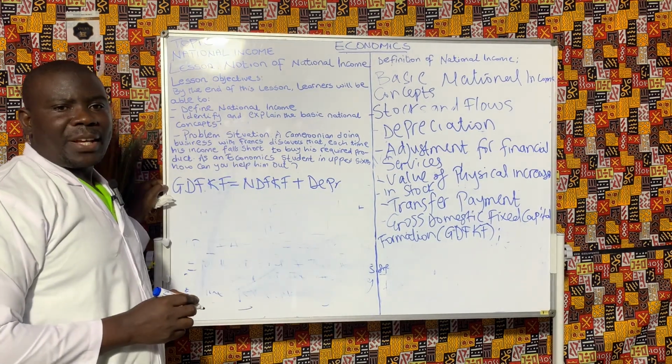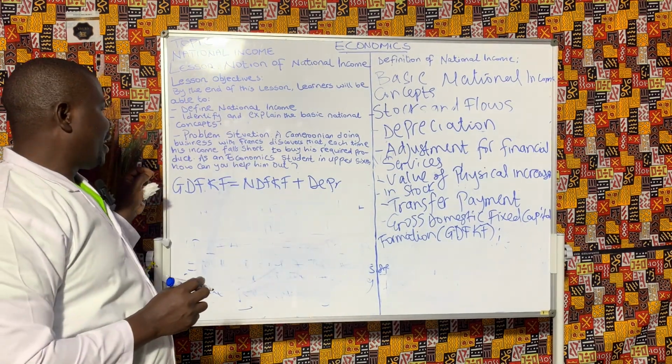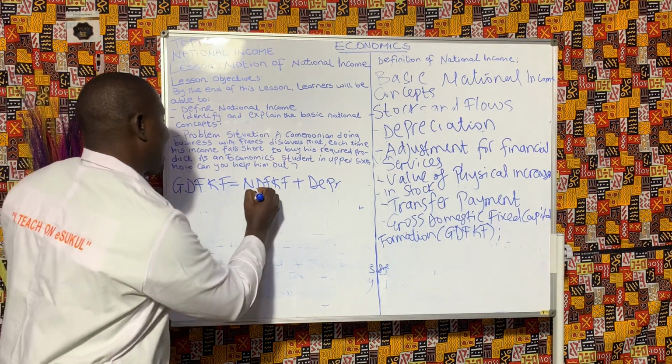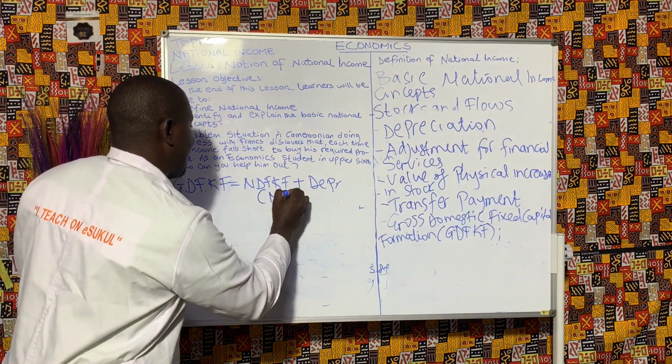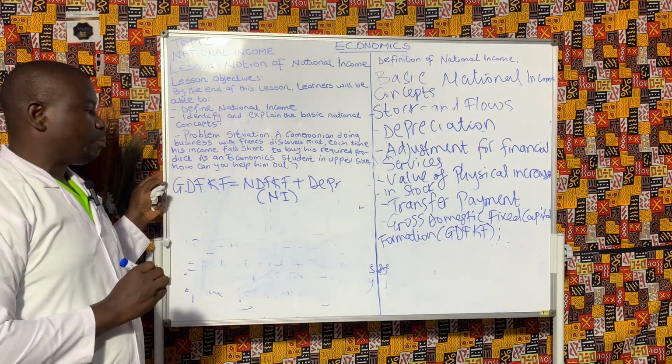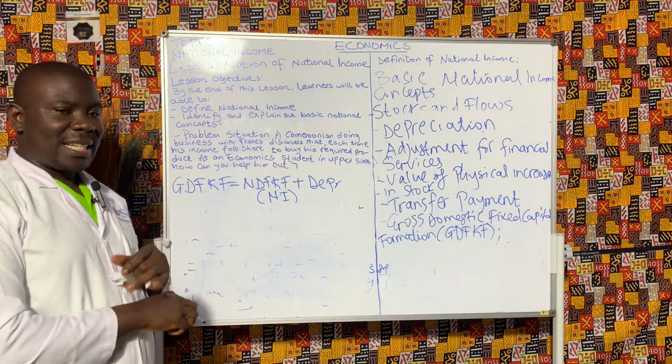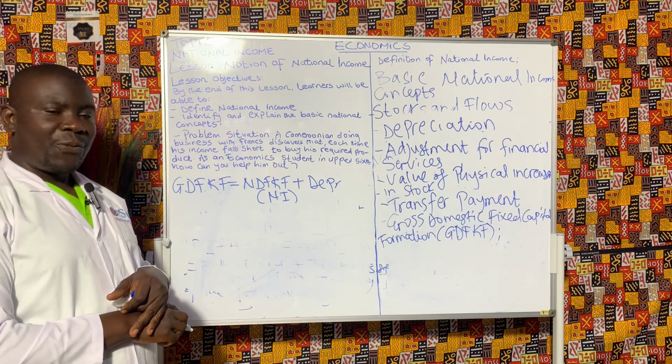Gross domestic fixed capital formation is net domestic fixed capital formation, otherwise known as net investment, plus depreciation.